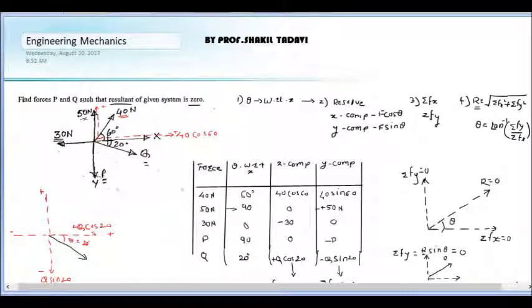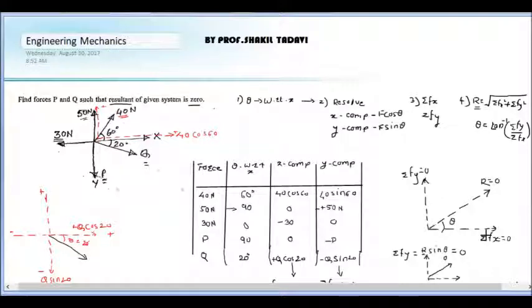Sometimes in some cases the resultant is given as acting along the x-axis and its magnitude is given. So in that case, same way, instead of taking R equal to 0, we can take the resultant the way it is given, and once again we can split it into its two components.